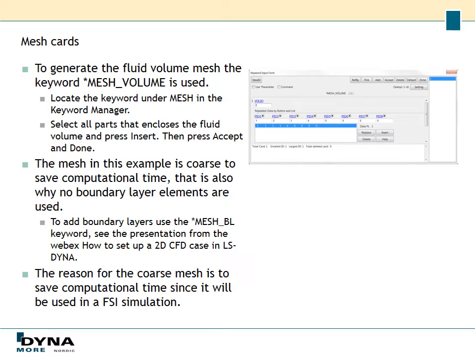But you can add them by using mesh BL, and you can check the presentation on how to set up a 2D CFD case in LS-DYNA if you want to know how to use that keyword. And the reason for the coarse mesh is that this example will be used in an FSI simulation.